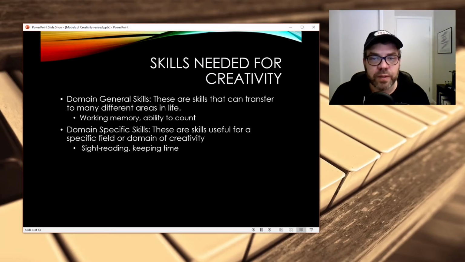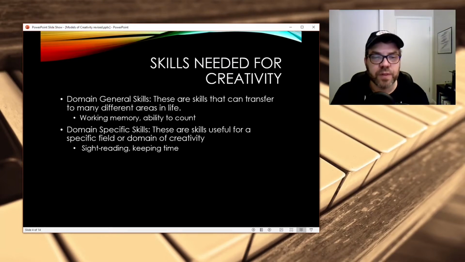So when we look at creativity, there's definitely some skills that you need, and folks in my field often debate this idea about whether creativity is something that spans different domains or whether it's a specific type of domain with specific skills that are necessary. So if you're looking at domain general skills, these are skills that can transfer to many different areas in life, and we've all got working memory, and we should all have the ability to count.